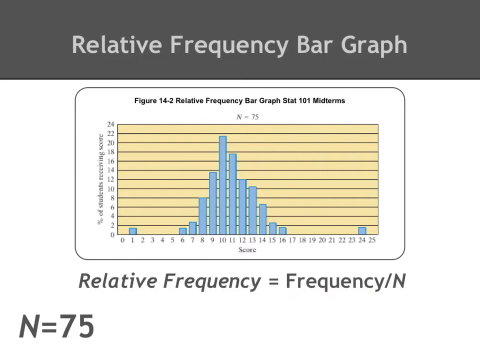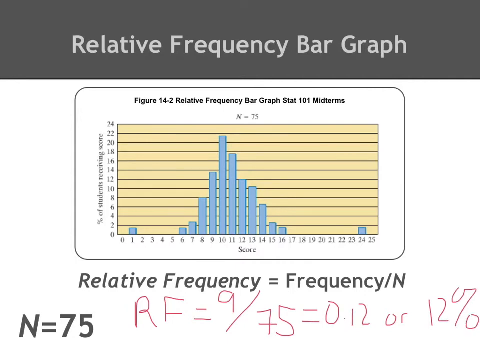The frequency of those who scored a 12 on the exam was 9. We divide this by the total population, which is 75, and we get a relative frequency of 0.12, or 12%. As we can see in the relative frequency bar graph, this is what is shown.